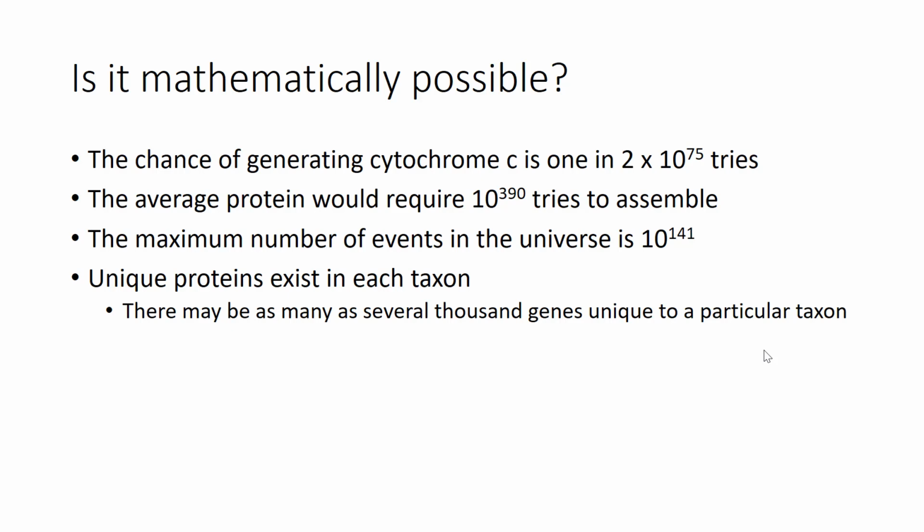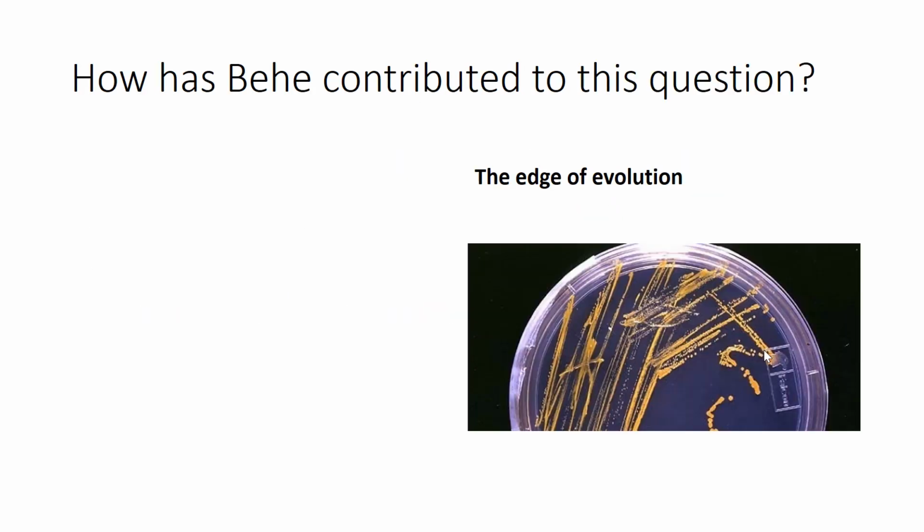When you add to this the fact that it seems that every taxon has unique proteins, and some of these taxa may have several thousand genes that are unique to that taxon, then it's not just one average protein we need to build, but several thousand new protein coding genes that we have to develop every time we're going to generate a new taxon. And so we have some additional complications.